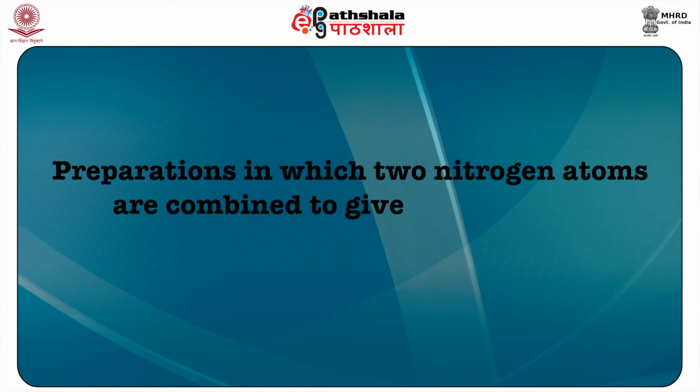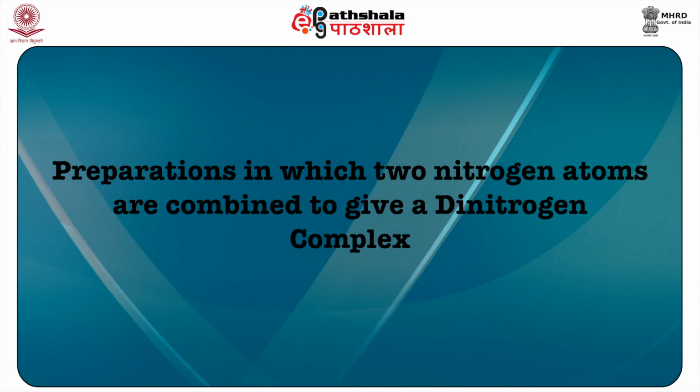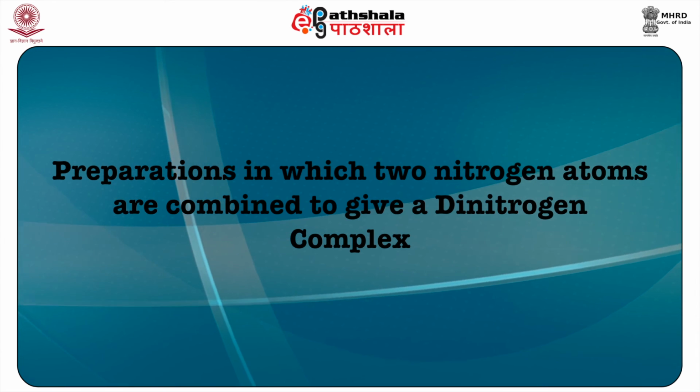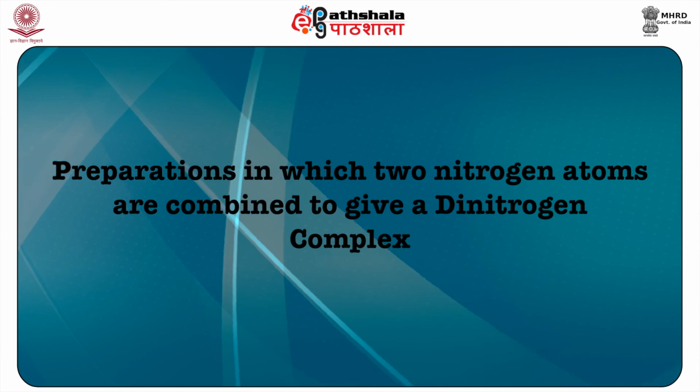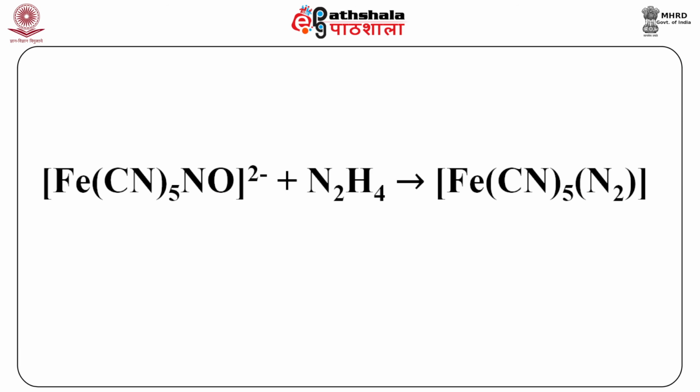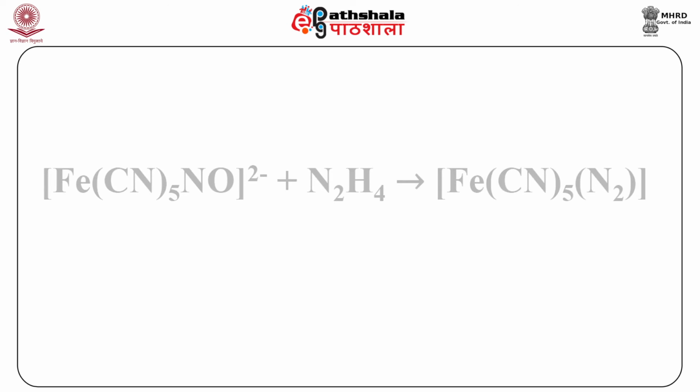There can also be preparations in which 2 nitrogen atoms are combined to give a dinitrogen complex. For example, in the reaction, there is a doubt because the analogous reaction of diazonitric oxide chlororuthenium dichloride with hydrazine was found to give an azide complex and not the dinitrogen complex, which was previously believed.